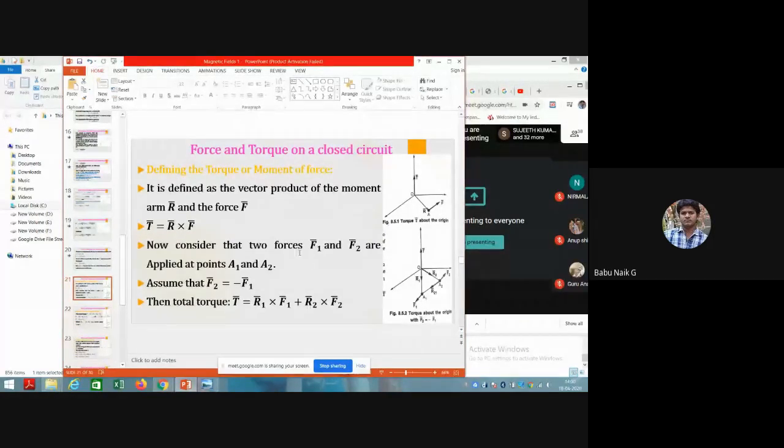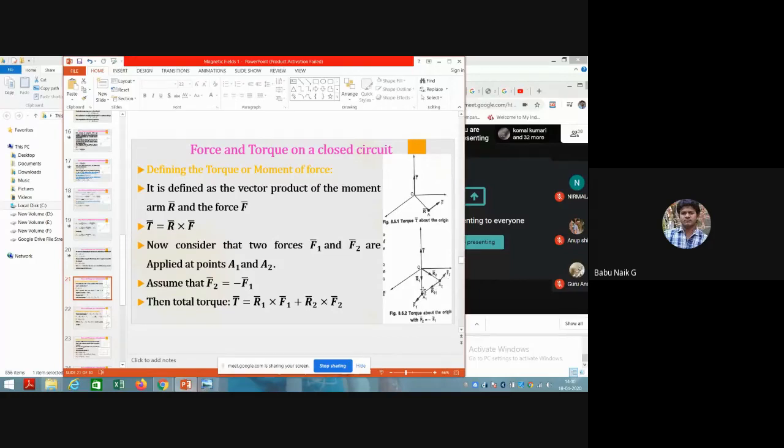Now, in a similar way, consider two points of force in free space, A1 and A2. At point A1 we take force F1, and at point A2 the force is in this direction, that is F2.